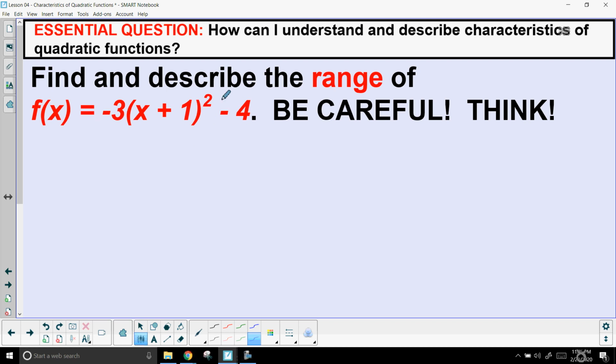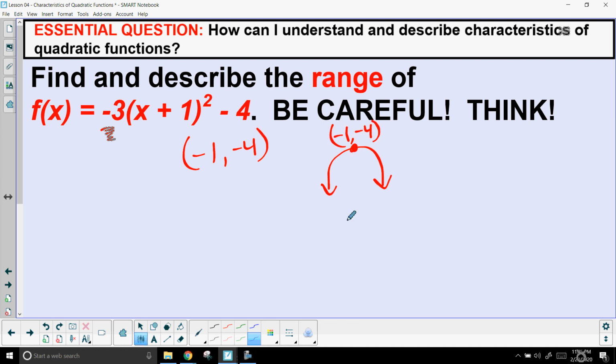All right. So let's take care of the vertex. -1, -4. Negative leading coefficient, which means it opens down. So our vertex is right here, -1, -4. Since it opens down, that means our range is going to be negative infinity.